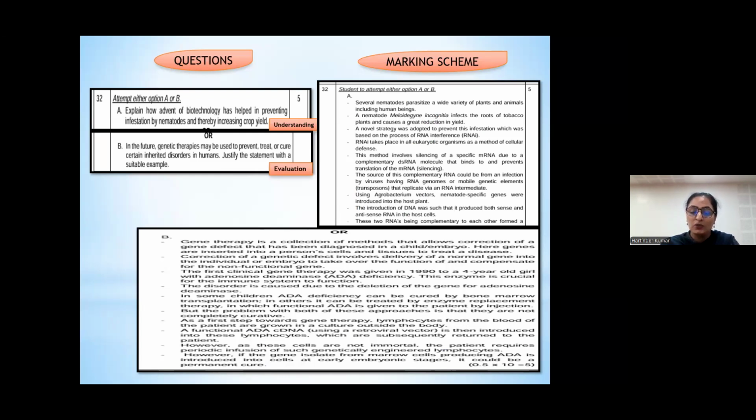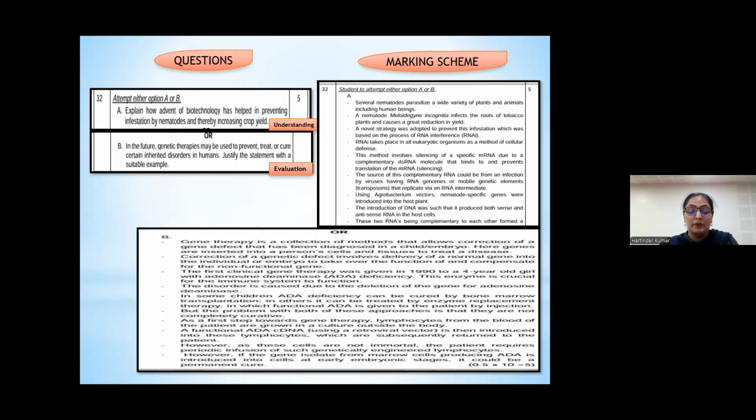The child has to understand the RNA interference technology so that he or she can discuss the method of silencing of specific mRNA due to the complementary double-stranded RNA, which will bind the RNA and prevent translation of RNA. That is simply by using the word silencing, this method can be explained.